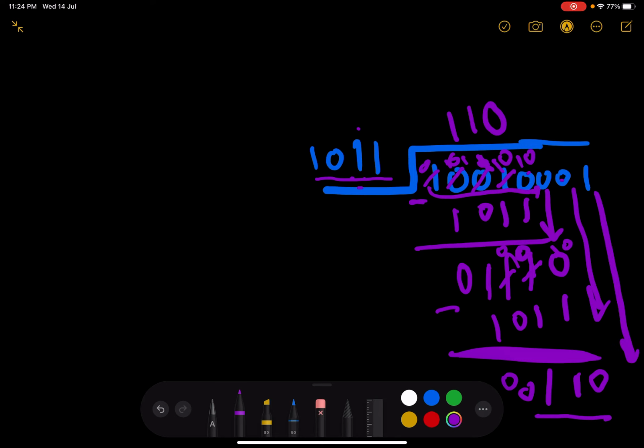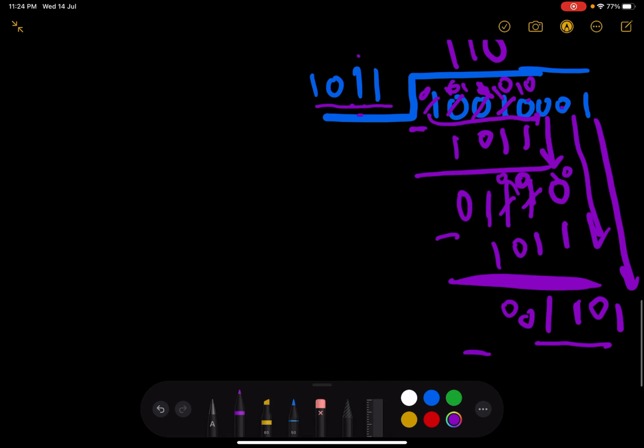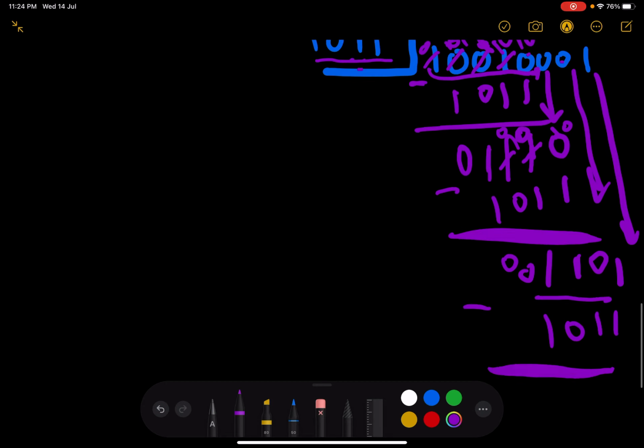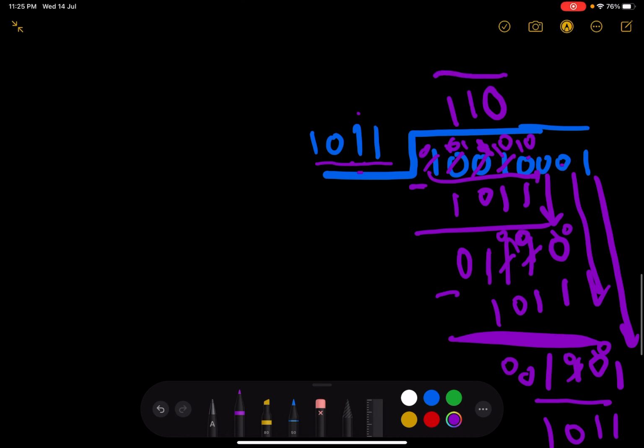And now we're going to subtract them. So we have here 0, and then we're going to borrow for this part, 1 and 0, 0. So here is our remainder, and here is our answer.